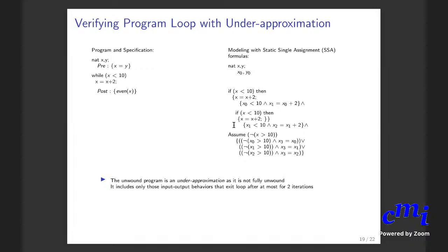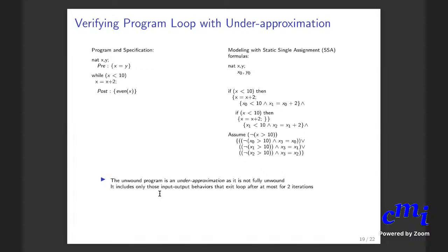So what does this program, in this case, it's called an under approximation. Just like we computed over approximation by adding behaviors, in this case, if I just modeled it by unwinding it only 2 iterations, what does it include?